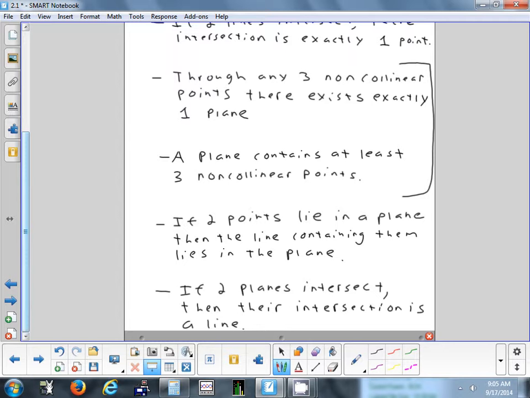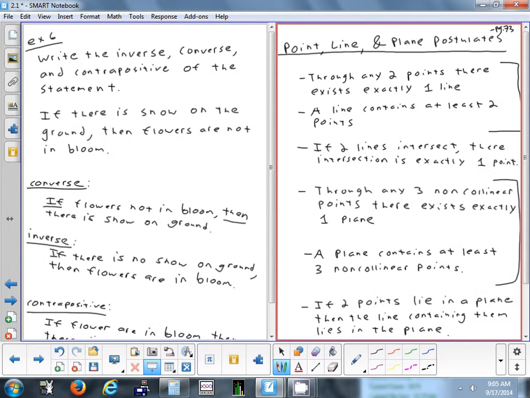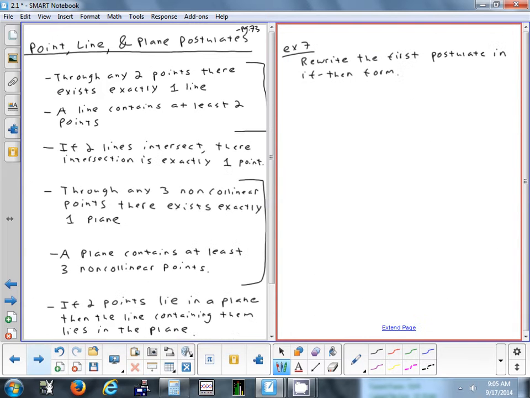Okay, so these are all postulates we've already studied. I'm going to take one of them and put it in if-then form. Let's just take the first postulate and rewrite it in if-then form. Through any 2 points, there exists exactly one line.